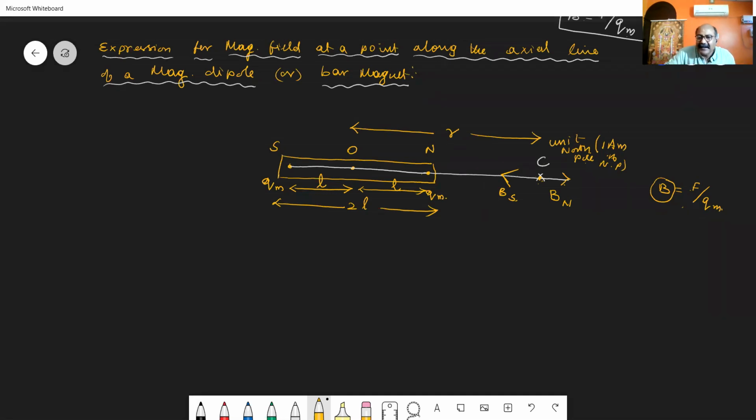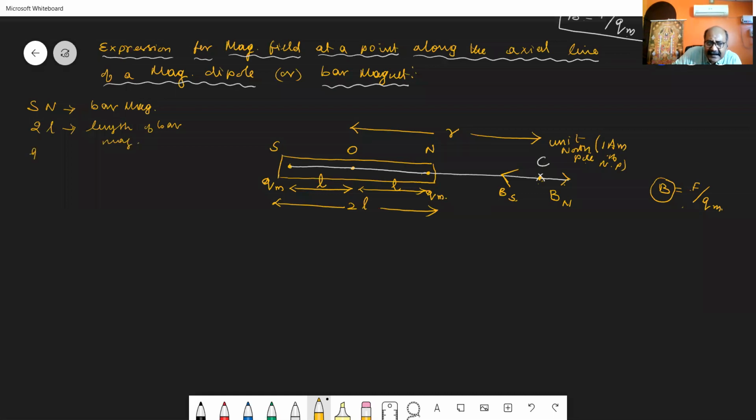Now I am writing. Before writing, I have to consider some small introductory factors. What are the small introductory factors? Let SN be the bar magnet. In this bar magnet, let 2L be the length of the bar magnet.